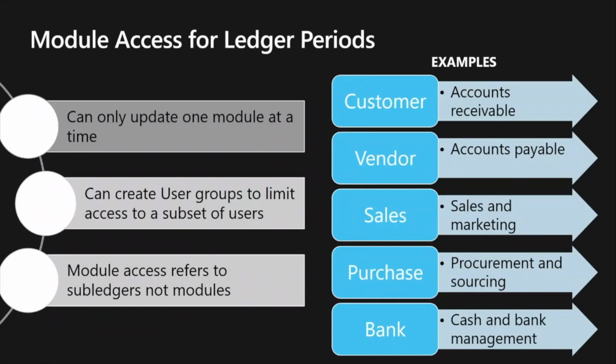Now, I want to talk a little bit more about module access. Module access is the term that we use to control the status for a portion of your ledger.